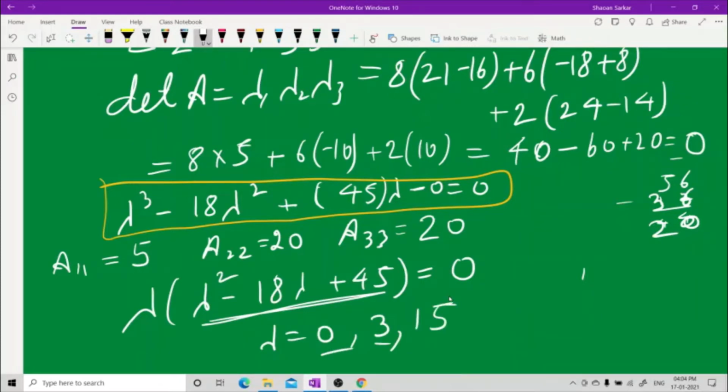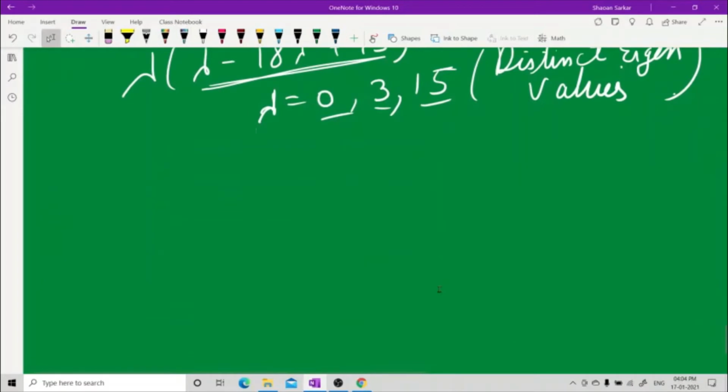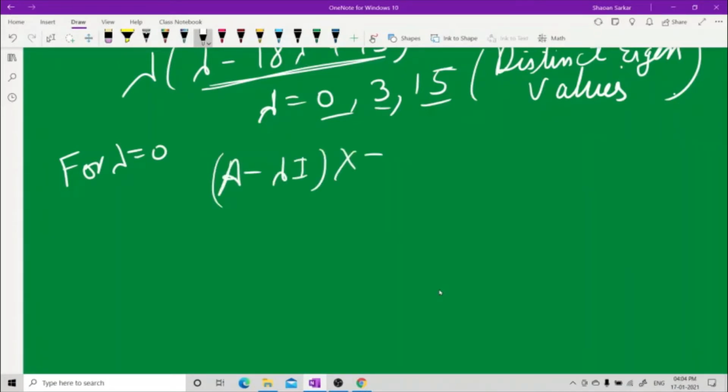Now they are all distinct eigenvalues. Distinct eigenvalues give linearly independent eigenvectors. So now for each eigenvalue, I have to find an eigenvector. Now for lambda equal to 0, A minus lambda I times x will be 0.